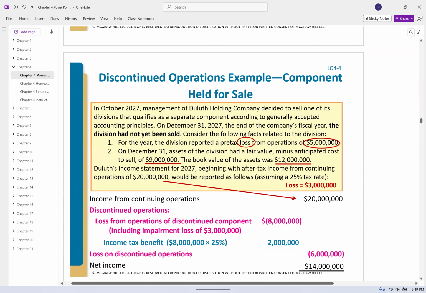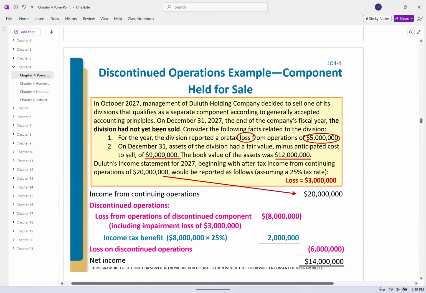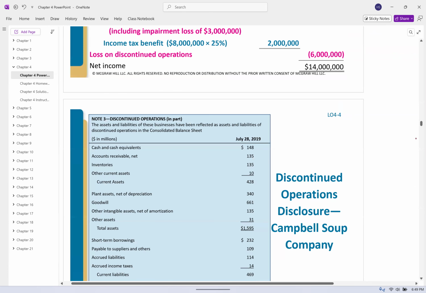Very similar, but they said they had a division loss of 5 million, and they ended up with their assets. Assets had a fair value of 9,000, but we're carrying them on our books as 12,000. So that's a difference of $3 million. That is also a loss.